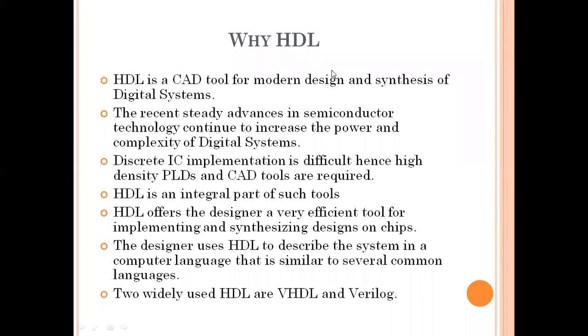Actually, in the previous session, we covered the design flow chart. So at that time we learned that whenever we have to manufacture VLSI chips, there are different stages in the VLSI design flow.